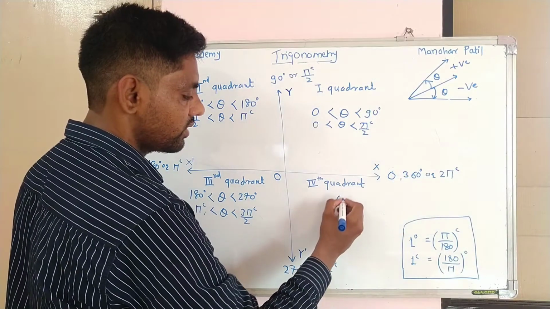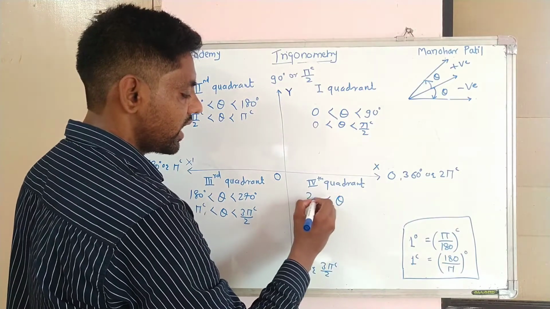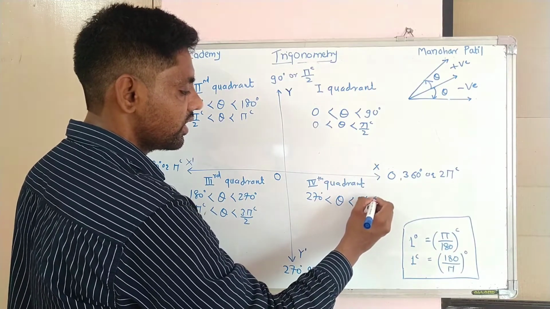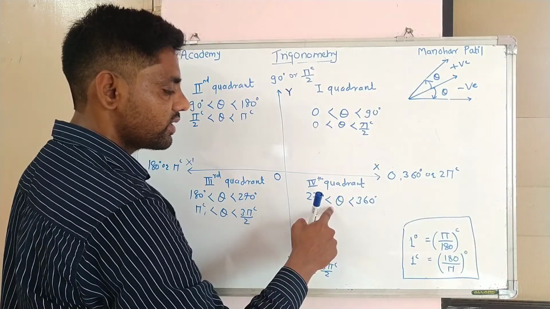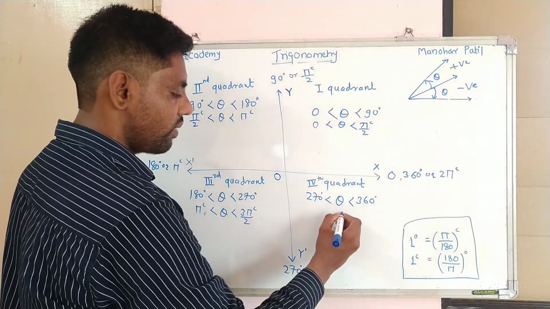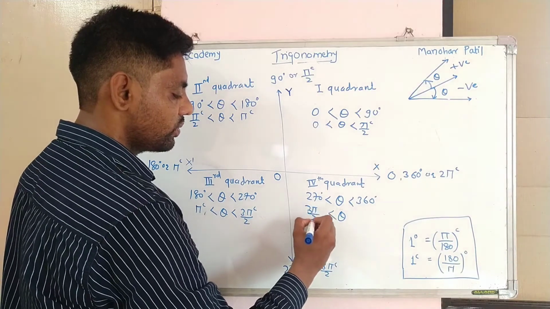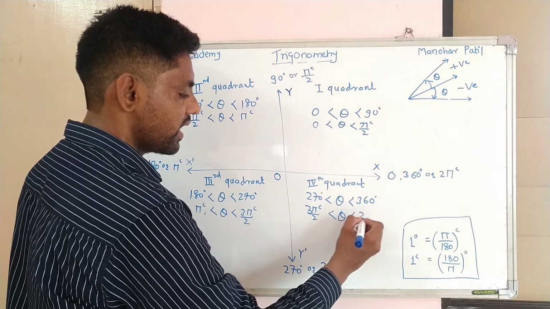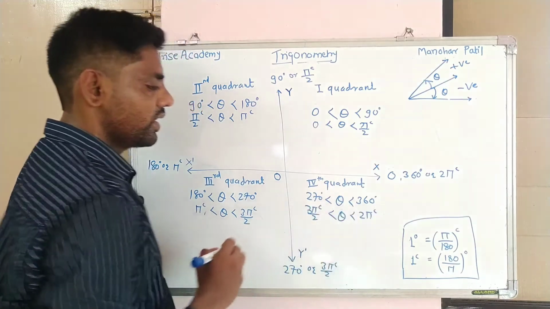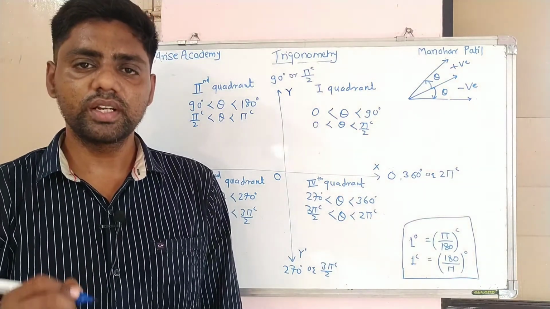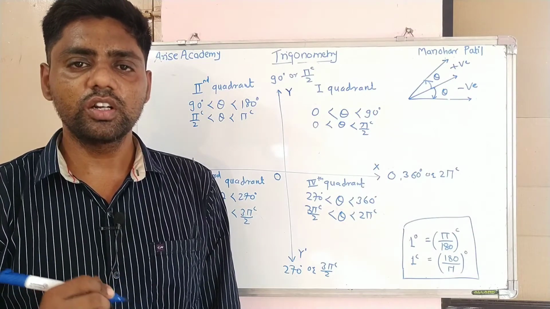So theta is greater than 270 degree and less than 360 degree. In radian form, theta is greater than 3 pi by 2 radian and less than 2 pi radian. In such a way you represent angles in the quadrant form.